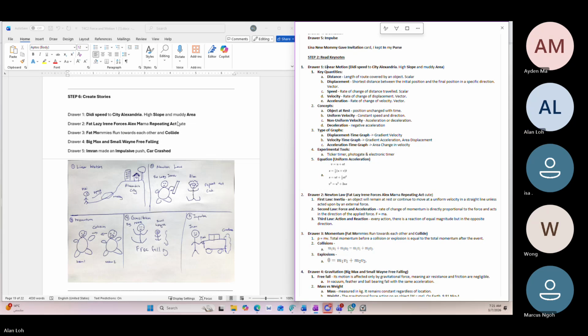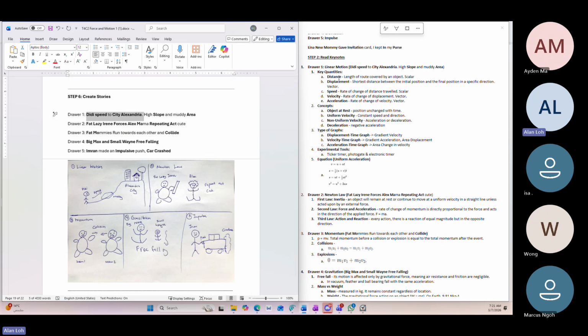So what does it mean? I think by now you know what this is. TT speed to city of Alexandria represents the key quantities: distance, displacement, speed, velocity, and acceleration. This story is to help you remember the key information in that drawer, right?